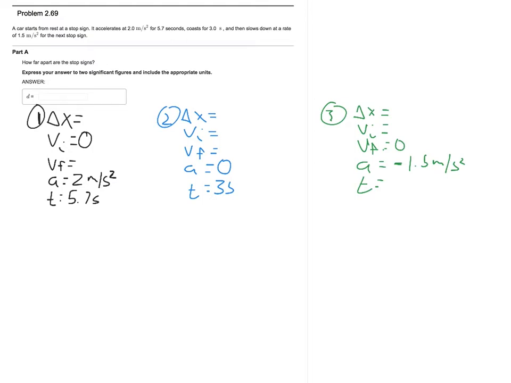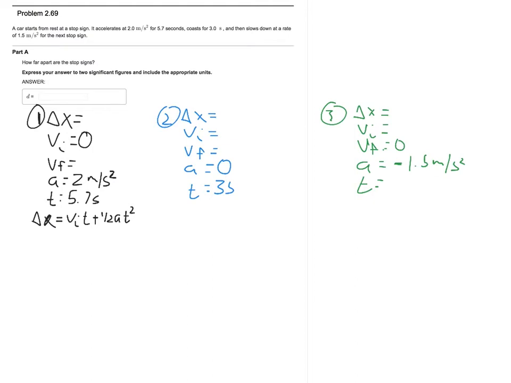I'm going to start with part 1, and I'm just going to find everything that I can find and then go from there. First thing I'm going to find is my displacement. We are ultimately looking for how far we go, so I'm going to find that right off the bat. I'm going to use my delta x equation there.